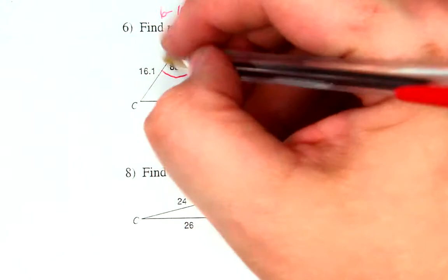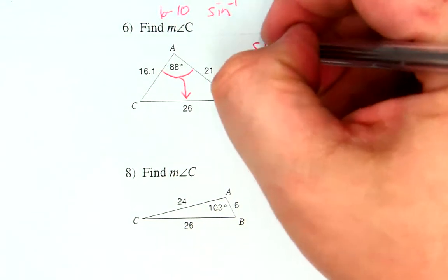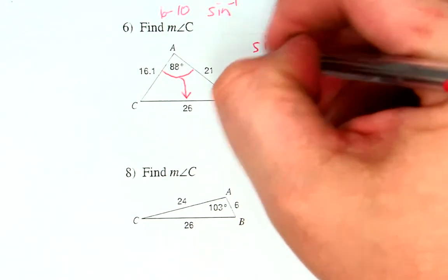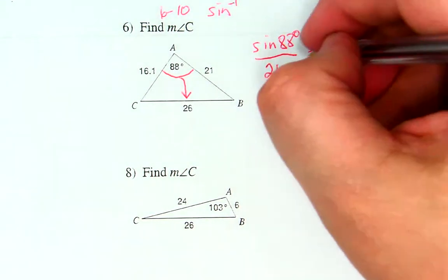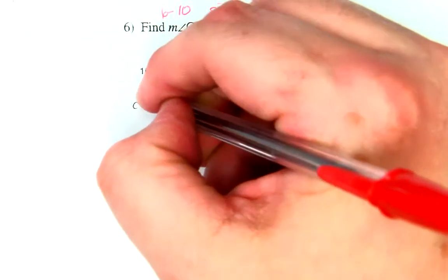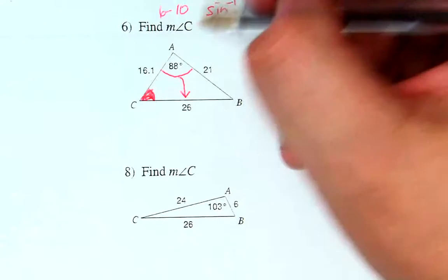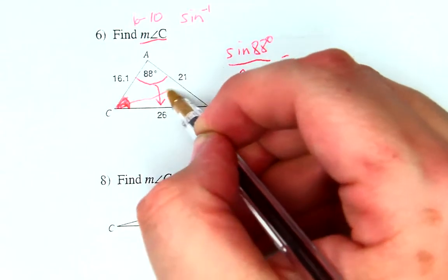We have this angle, and we have this side. So I can set up the sine of 88 degrees over 26 is equal to, now I want this angle right here, because it says find the measure of angle C. And what's the side opposite C?